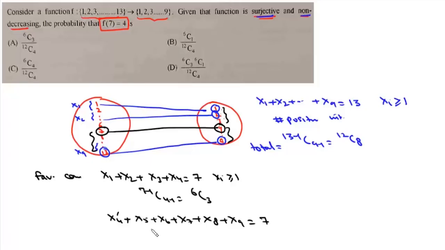Now again the number of positive integral solutions will be 7 minus 1 C 6 minus 1, which is 6C5 or 6C1. So the required probability will be 6C3 into 6C1 upon 12C8, and that's your option D.